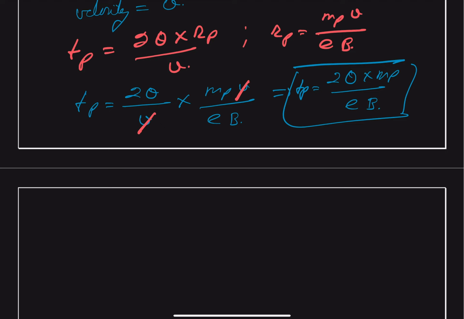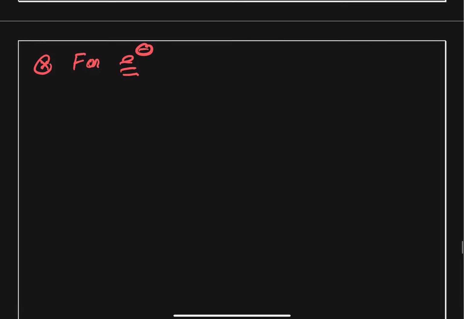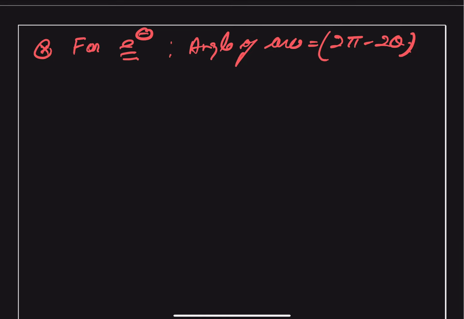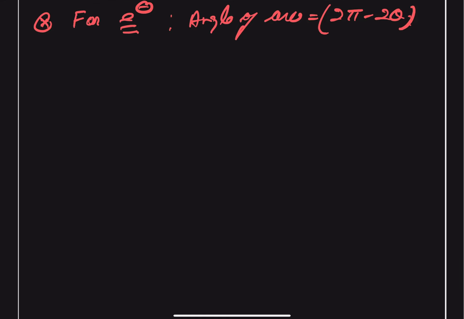Similarly, we can find it for the electron also. The only difference will be the angle of arc. In the case of the electron it will be 2 pi minus 2 theta. So for the electron, the angle of arc is equal to 2 pi minus 2 theta, and let us call the radius r_e.